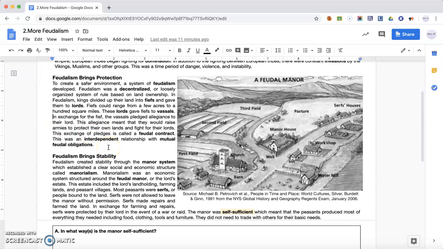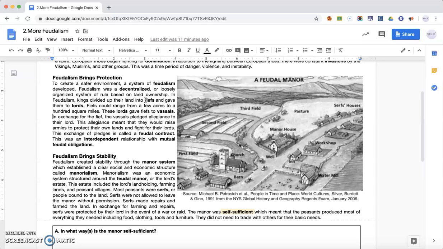Okay, so to go over everything real quickly, feudalism comes about because they need protection, right? And the way feudalism works is you have different social classes giving each other different things. So for example, the kings are giving up their land. They're dividing up their land into small pieces, and this is called fiefs, and give them to lords. Now the lords are going to pledge allegiance to the king, right?